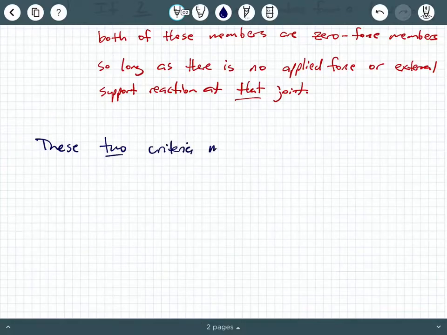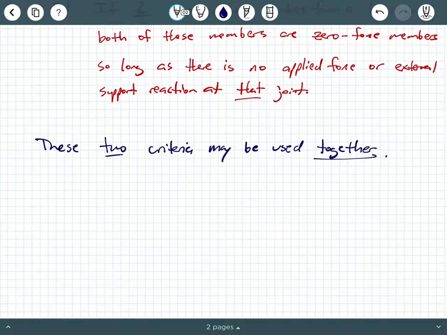Now here's another point. These two criteria may be used together.